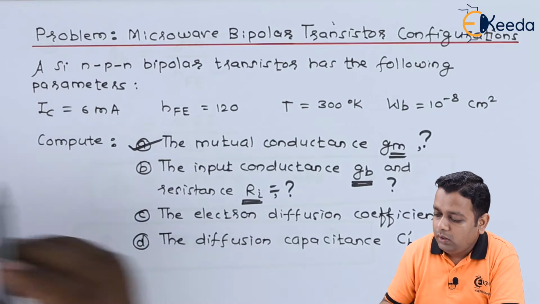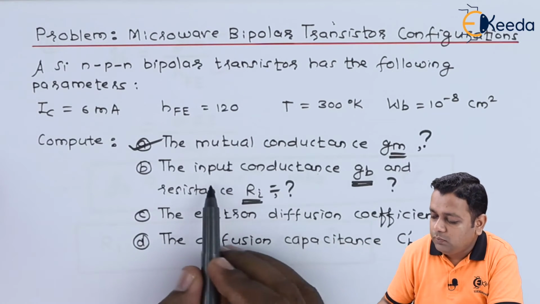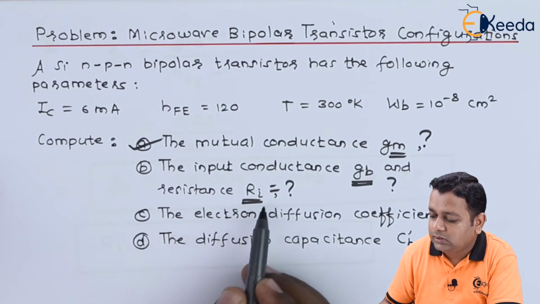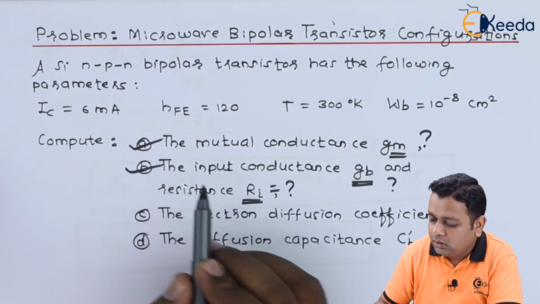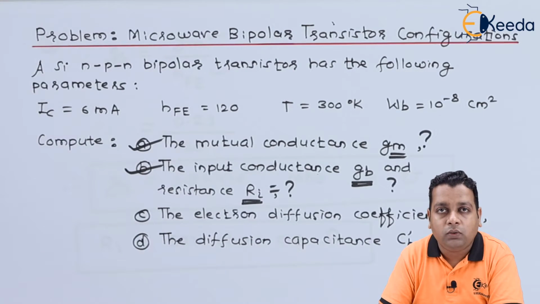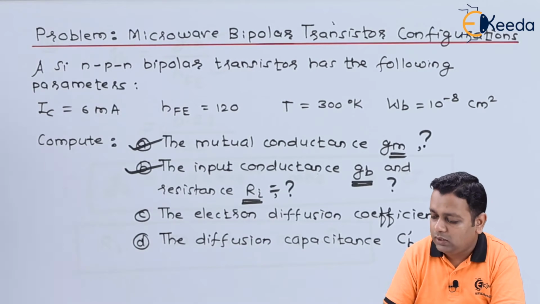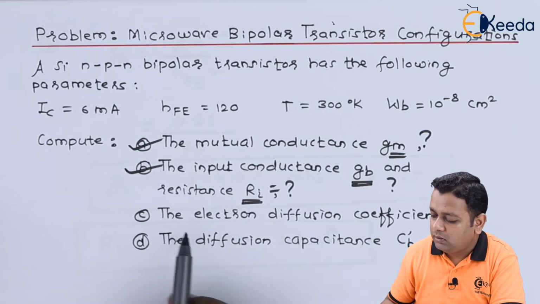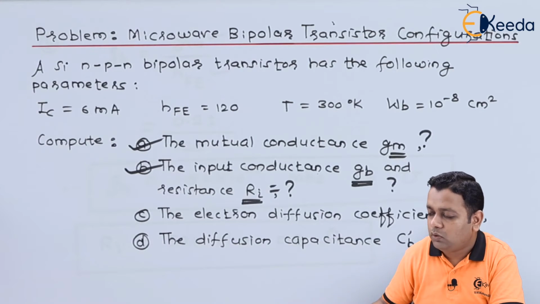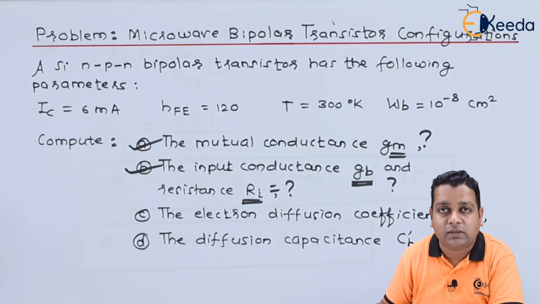So from the given details, the input conductance and the input resistance are also calculated here. We are well aware of the relations of conductance and resistance, hence we have both the values computed here. Now we require the value of electron diffusion coefficient denoted as capital D suffix n.